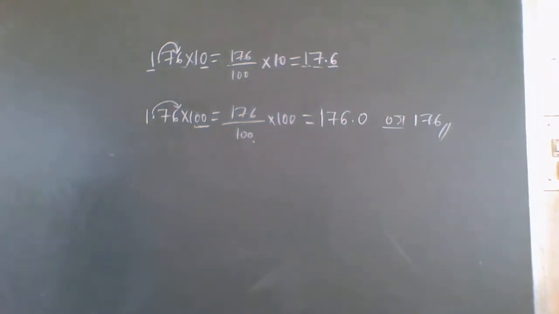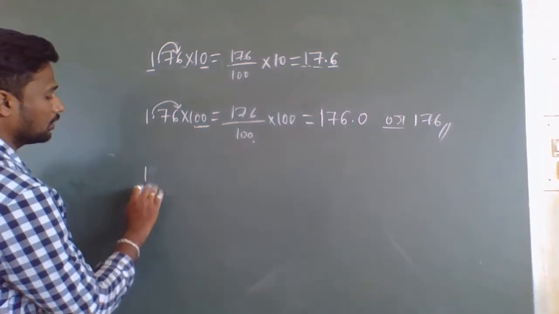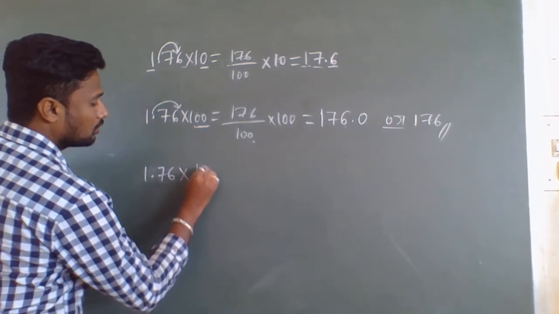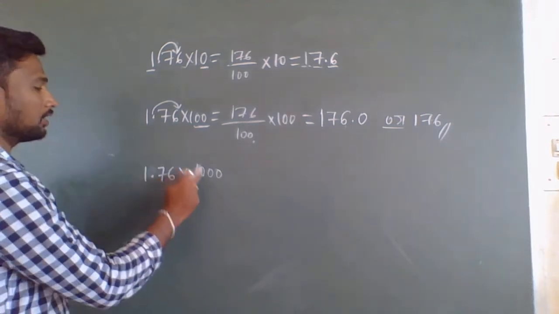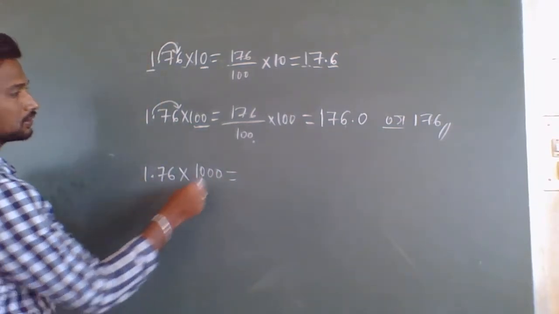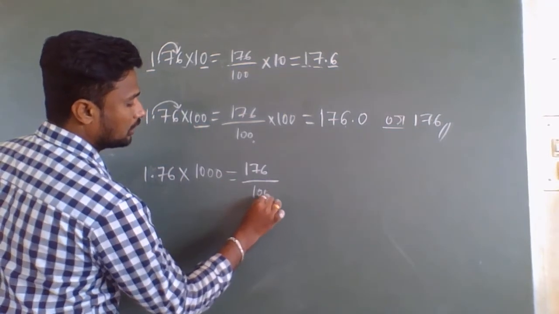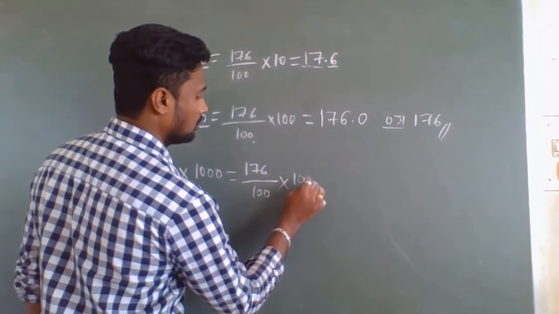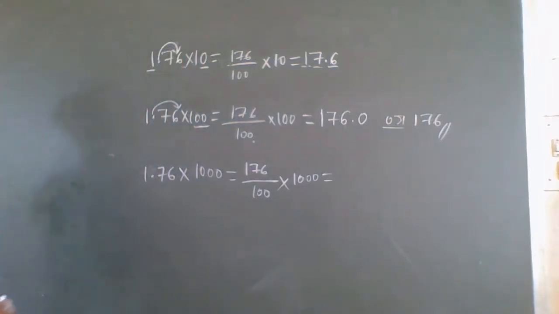So now we will multiply with 1000. 1.76 into 1000. Here we first multiplied with 10, after that 100, and now 1000. So how do we write this 1.76? Like this only: 176 divided by 100, into the remaining value 1000.